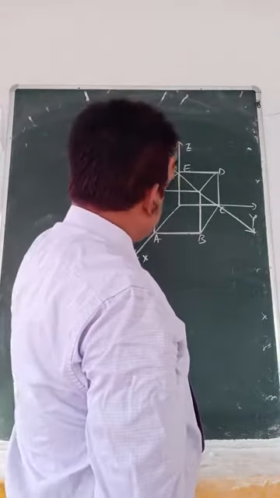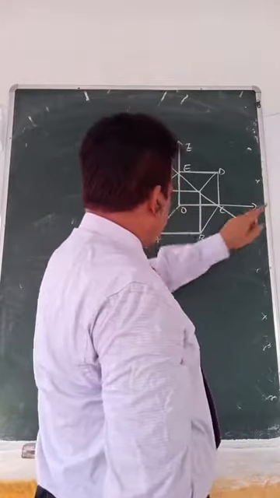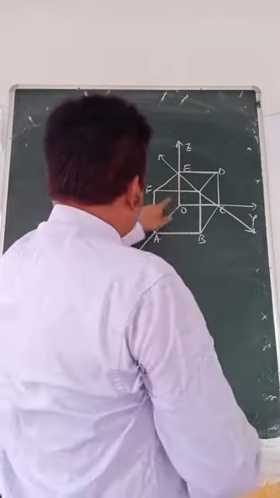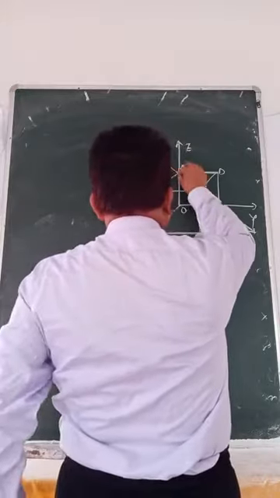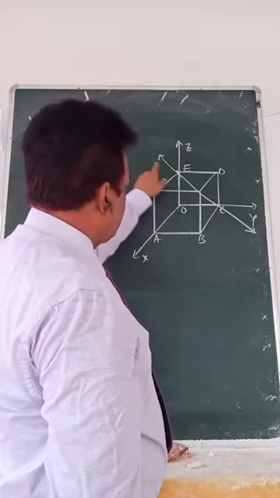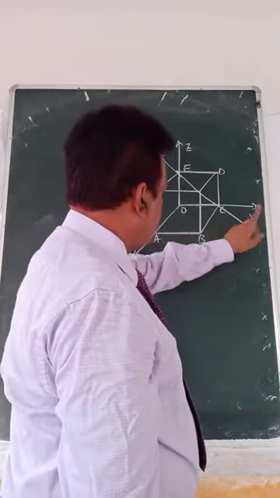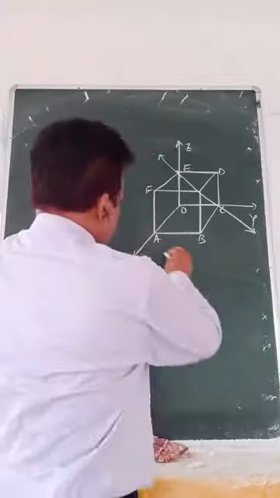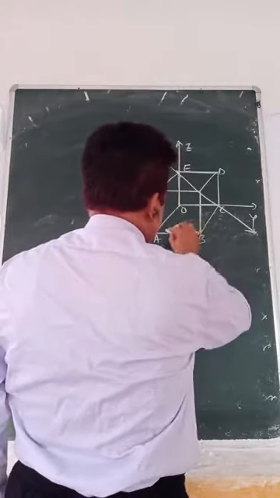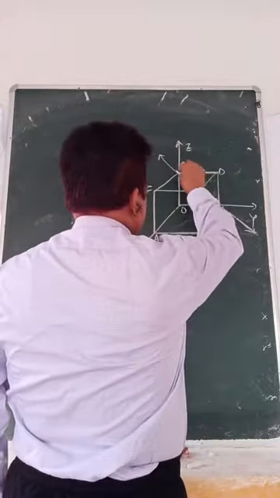This line is passing in ZOY plane. This line is also passing in XOZ plane. This line is also passing in XOY plane. Because in this plane you can see the line is here. In this plane you see the line is here.